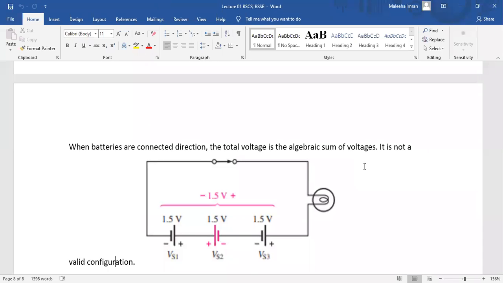Let me consider we have the three batteries of voltages 1.5. So for the first battery, we see what? For the first battery, we see that the positive is connected with the positive of the other battery. And the second cell, the negative is connected with the negative of the other battery.